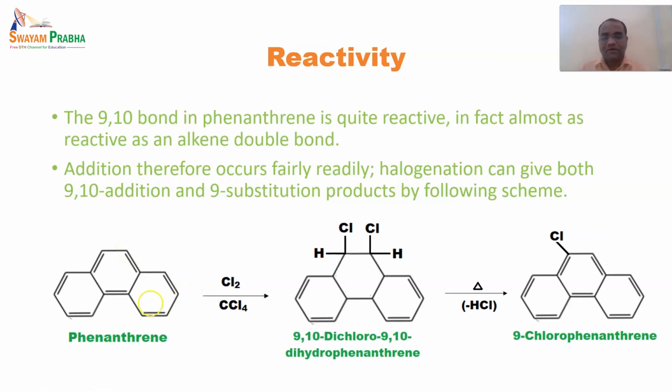In phenanthrene, you can come across some product at alpha and beta positions also, but most of the time and easily we get a product at the 9 and 10th position, and the 9th position is most favorable for substitution, and we get a 9 substituted product.